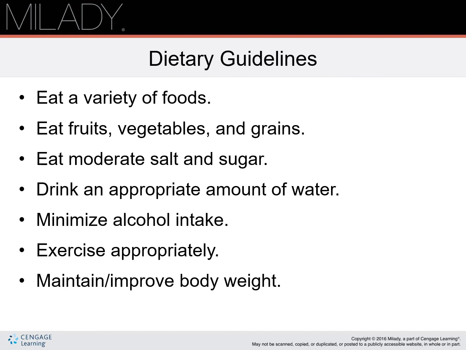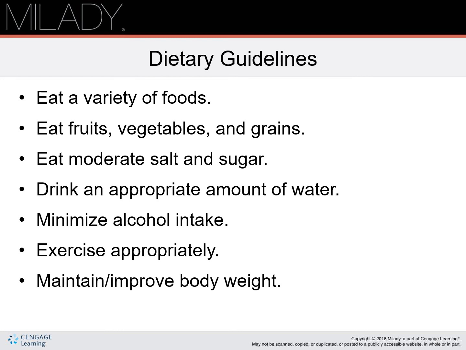You need to eat moderate salt and moderate sugar. Drink appropriate water. If you divide your body weight by 2, that is how many ounces of water that you should drink daily. So if you weigh 200 pounds, divide that by 2, you should be drinking 100 ounces a day.